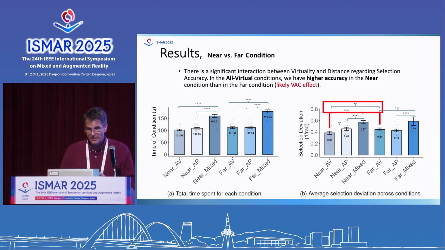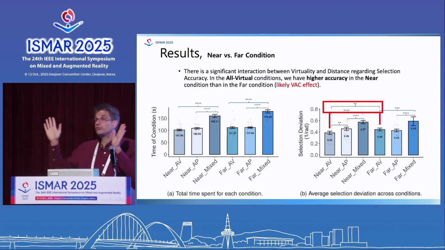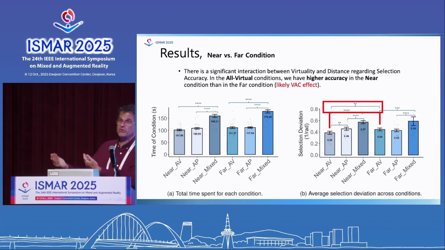Now you remember that VAC actually happens also within virtual conditions itself, between the one that happens at focal plane and the one that is 3 meters away, which we chose, by the way, to be representative for mid to far level interactions. So you see that there is a penalty in terms of accuracy for the selection between these 2.